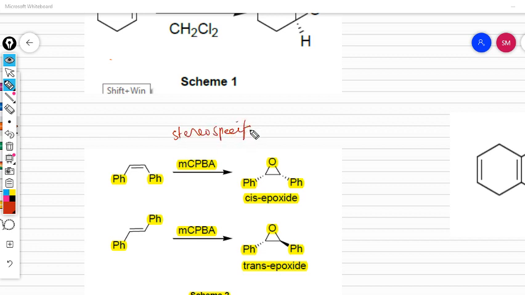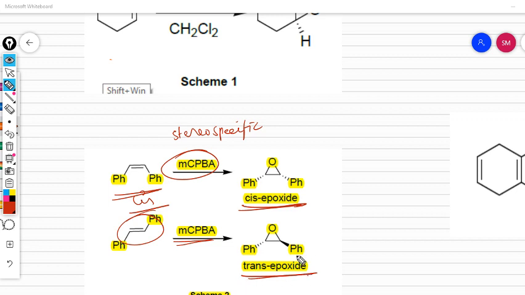If you take a cis olefin, on epoxidation it's going to give a cis epoxide. If it is a trans olefin, it's going to give a trans epoxide. The stereochemistry of the olefin is retained.